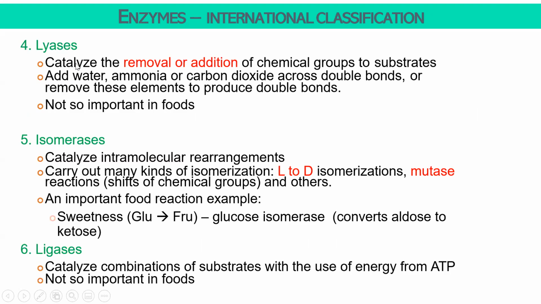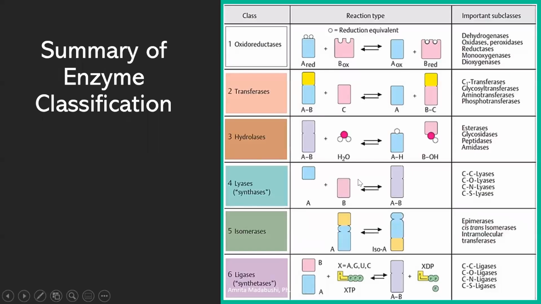Then there are lyases, which are not to be confused with transferases. They catalyze removal or addition of groups. So you are adding certain groups, or you're removing certain groups. We're going to see an example in this one. If you see here, there is a substrate.